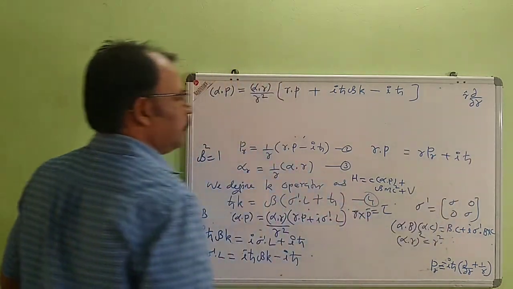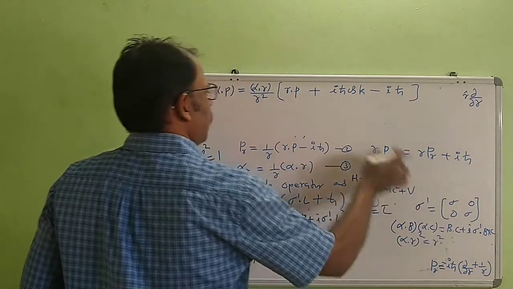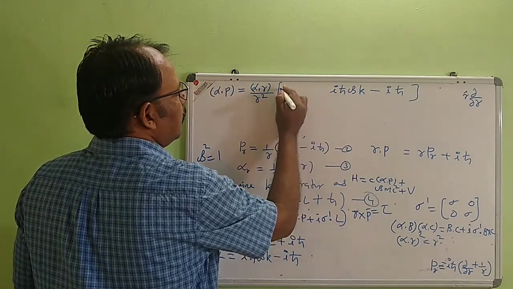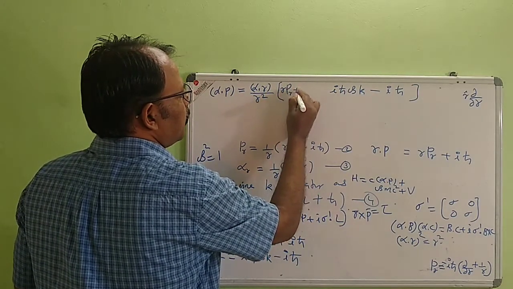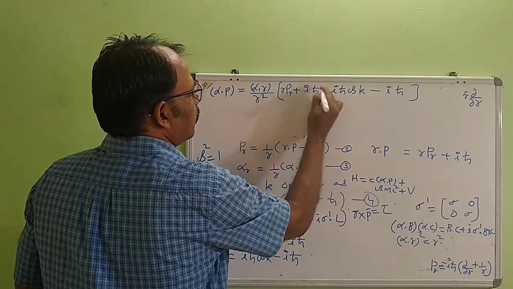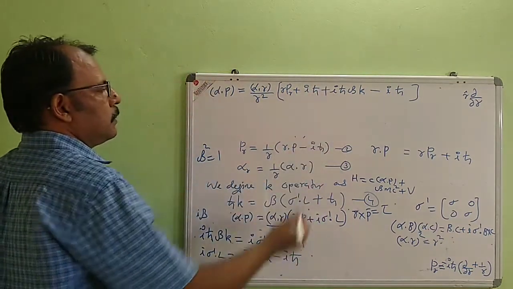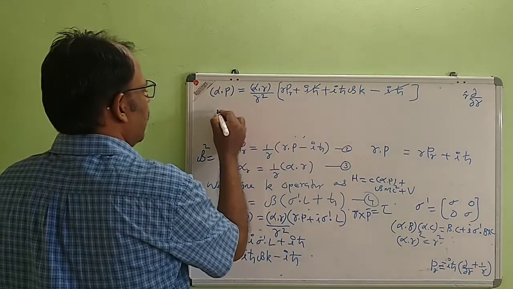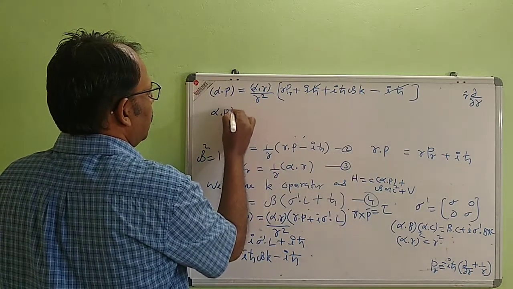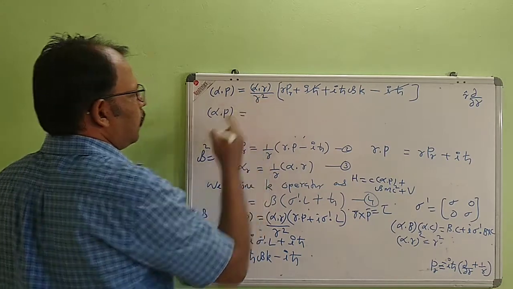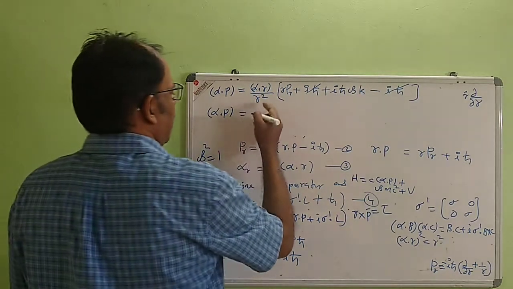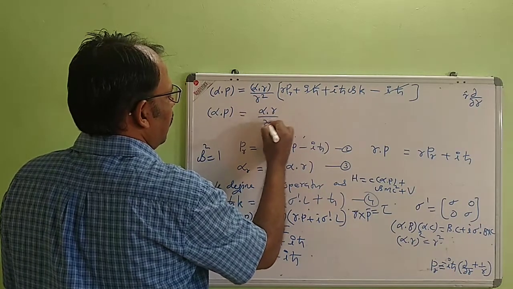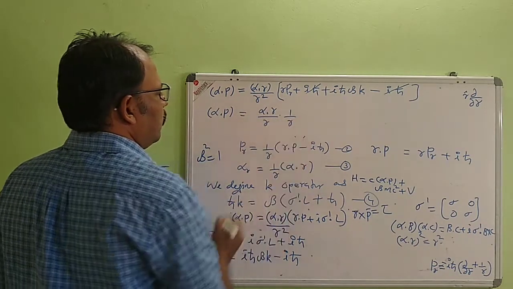So substitute RPR plus i h bar for R dot P. So this term i h bar and minus i h bar will get cancelled. So you will be having alpha dot P equal to alpha dot R by R square, that you can write as alpha dot R by R into 1 by R.